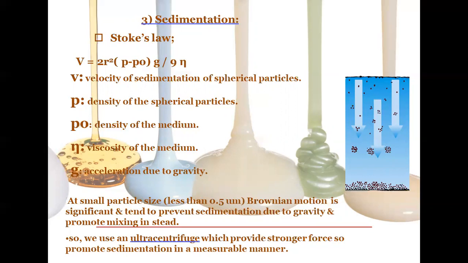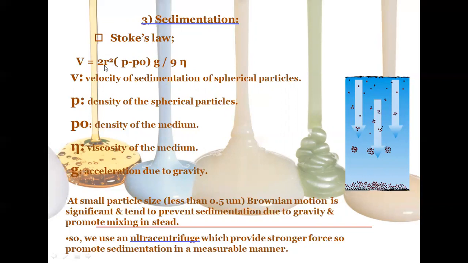Here, the Stokes law: V equals 2r square (rho minus rho 0). I have previously told this law in the suspension chapter, unit 3, the coarse dispersion. This Stokes law was there. Here r is used, not the diameter, it is the radius.